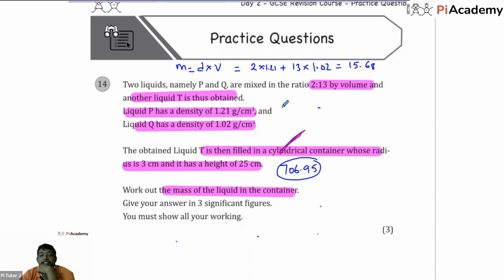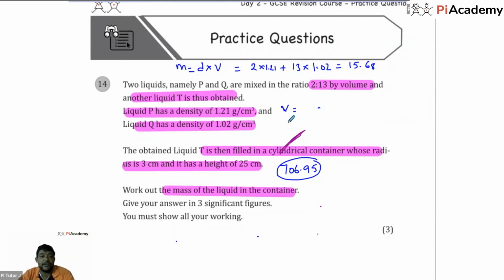When you said the volume of the cylinder is 706.95, and it's also equivalent to 225 pi, I found that one thing in that ratio, so P is going to be 30 because it's 2. And then Q is going to be 13 times 15, which is 195.